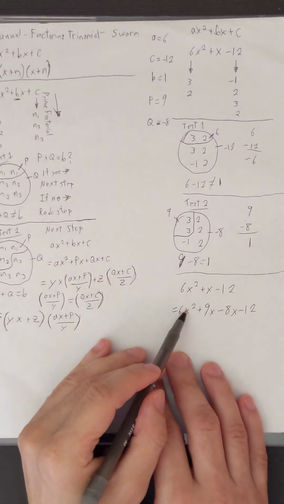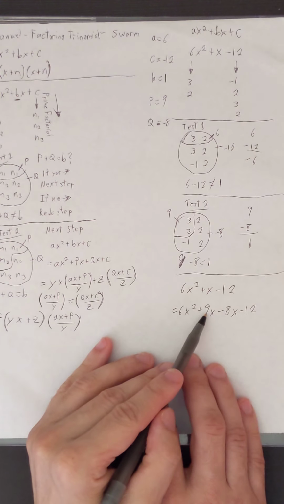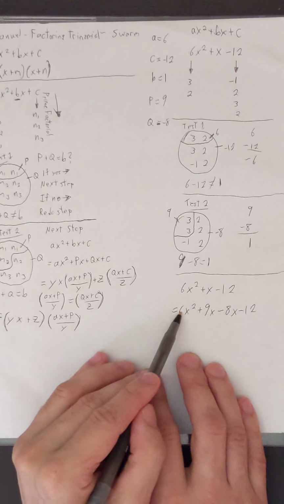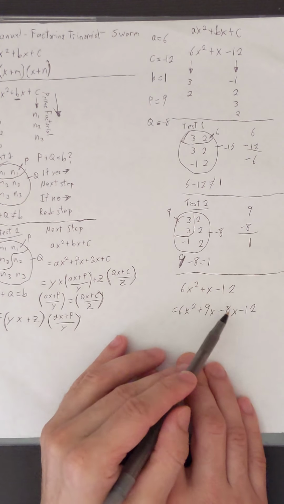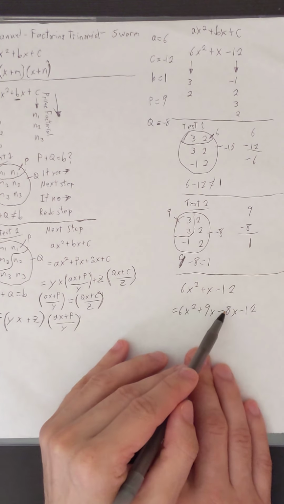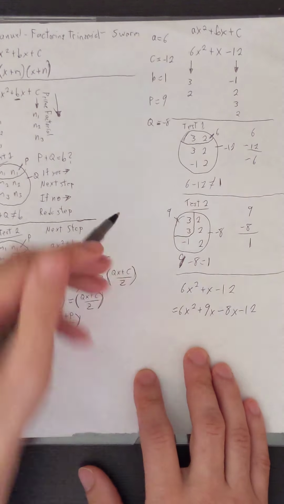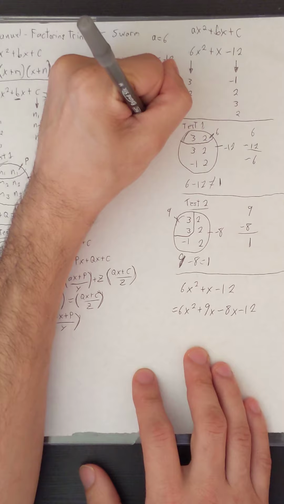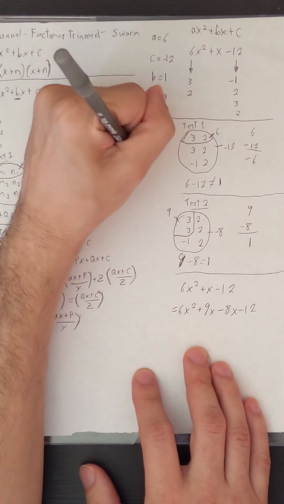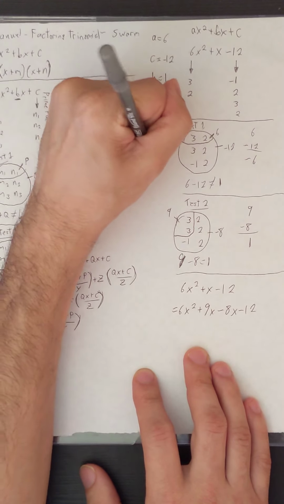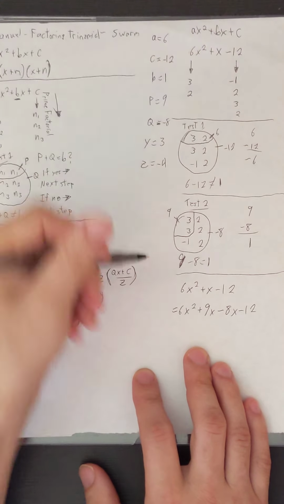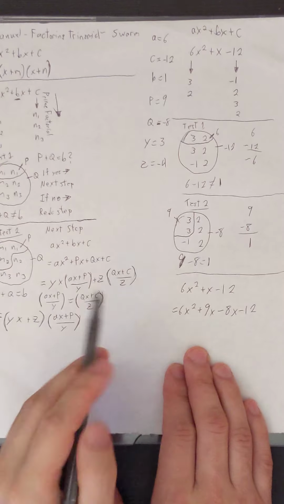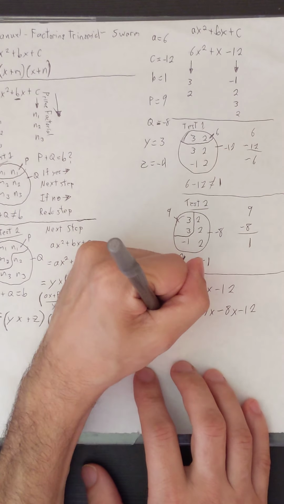But the bonus of changing this is now we know that these factor together. 9 and 6 factor by 3, and we know that negative 8 and negative 12 factor by 4. So let's use that for our y and z values. So for y, for now we're going to do 3, and for z, that's going to equal negative 4. And we also have to make sure this is a test because they'll both have to be equal. Let's make sure that they're equal.